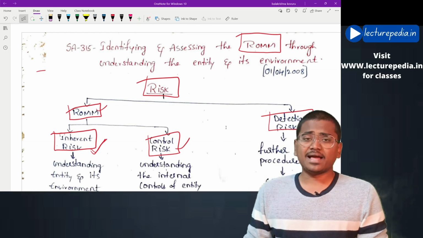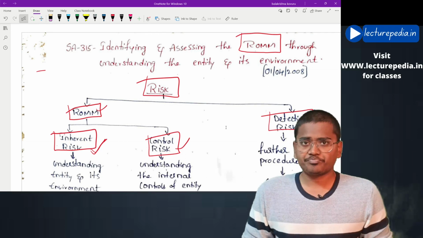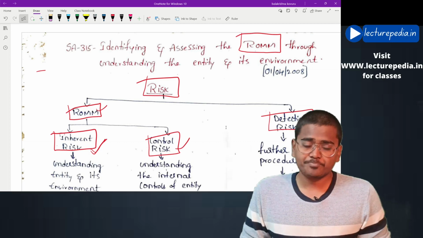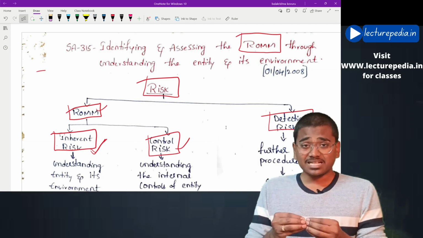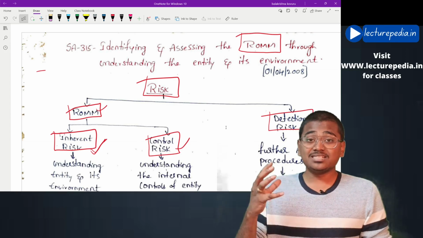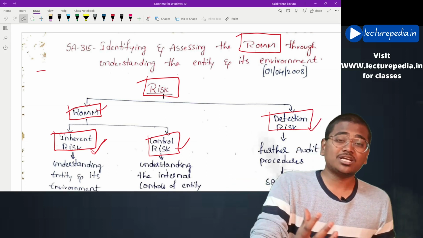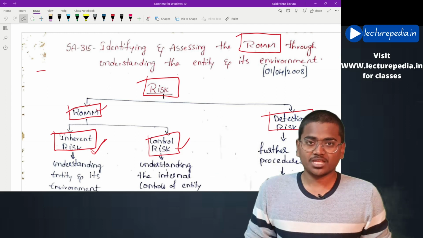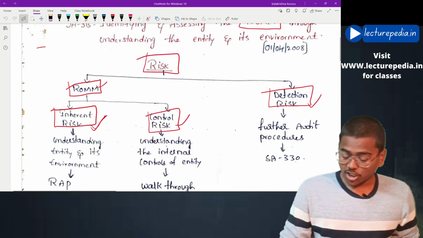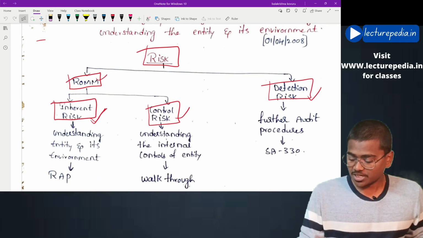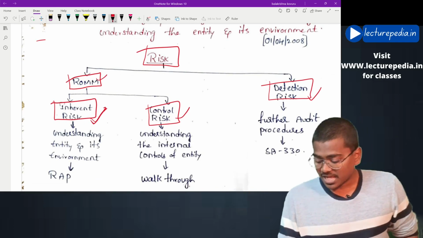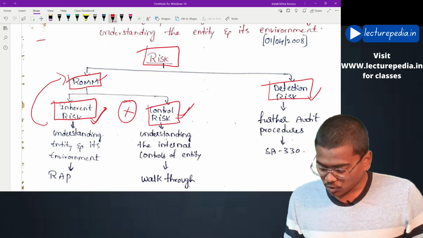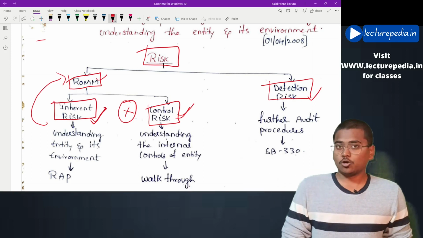The bank has planted some cameras in order to detect this inherent risk of theft of cash. Now, the risk that these controls might not work properly is known as control risk. The combination of inherent risk and control risk together will be known as risk of material misstatement. Hope this is clear.